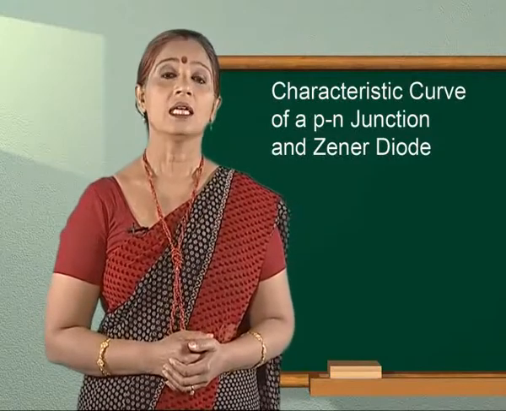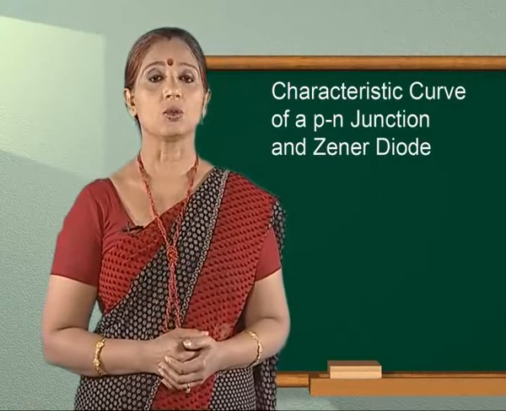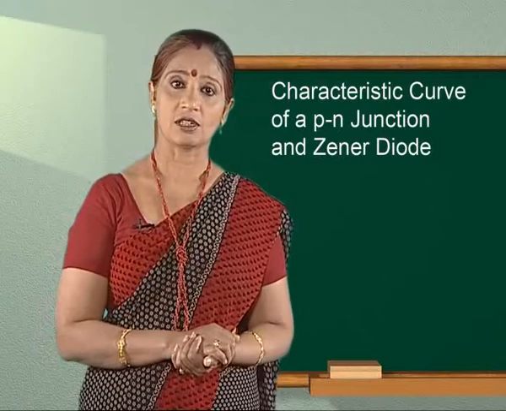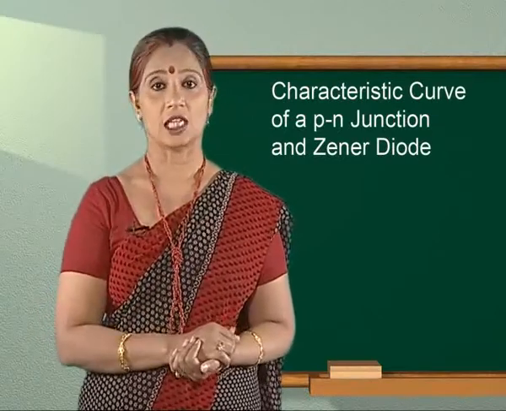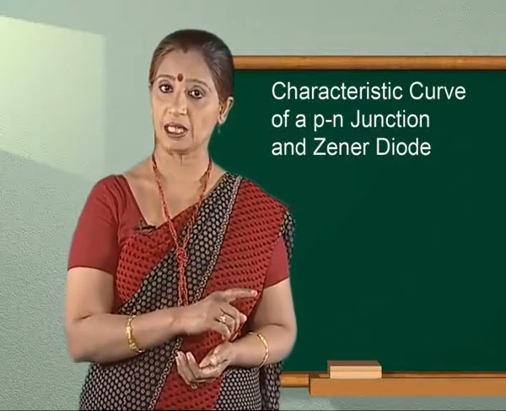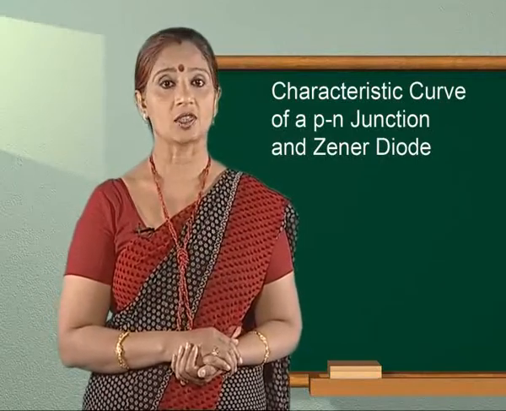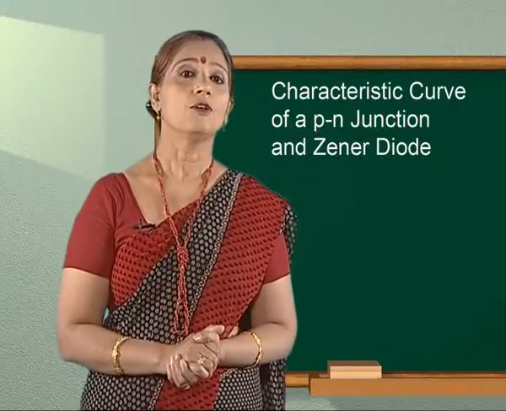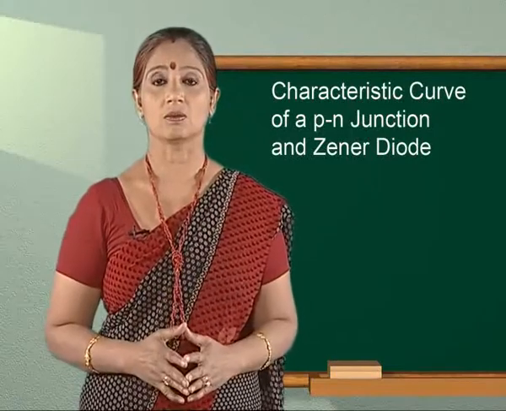When the reverse bias voltage V is equal to Vz, the electric field strength is high enough to pull valency electrons from the host atoms on the p side, which are accelerated to the n side. These electrons account for high current observed at the breakdown.